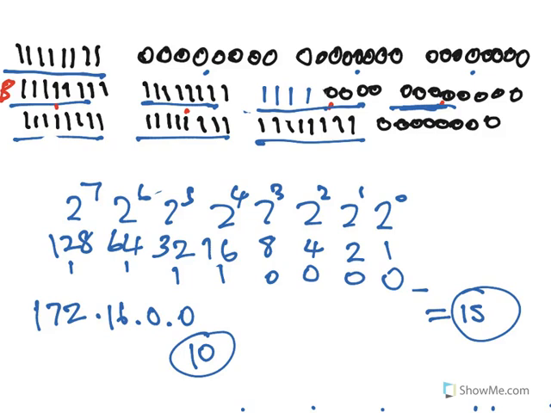And 128 plus 64 is 192. Plus 32 is 224, plus 16 is 240. So this equates to 240 up here. Okay, so your subnet mask becomes 255, 255, 240, 0.